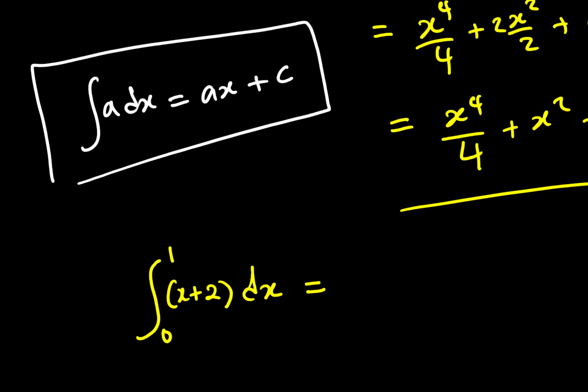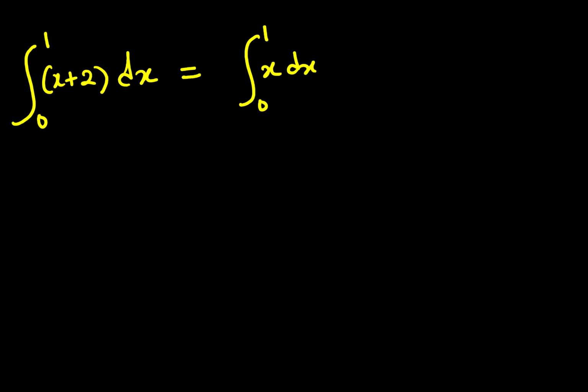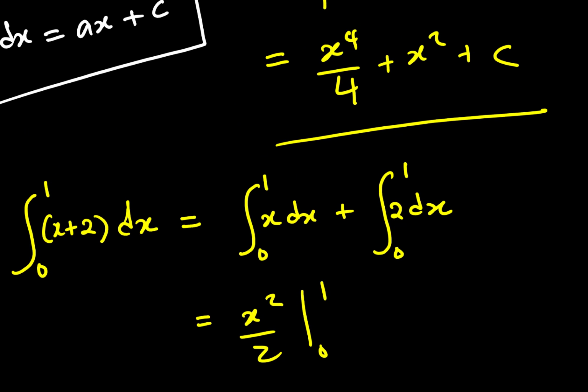So this will be equal to the integral from 0 to 1 of x dx plus the integral from 0 to 1 of 2 dx. This is x squared over 2 from 0 to 1 plus 2x from 0 to 1.